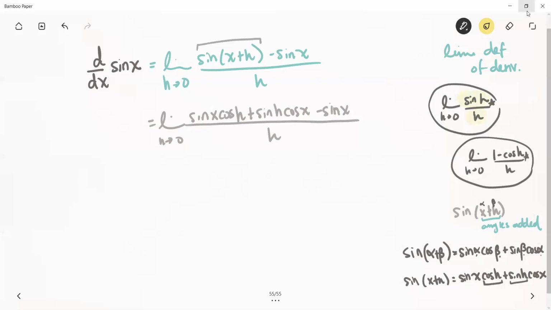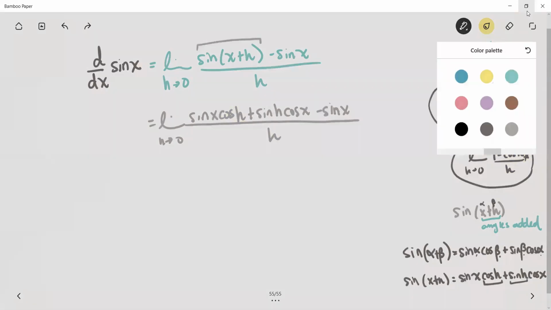Sine of h over h, do you see that right here? There's a cosine attached to it, but it's part of what I want. I also have a 1 minus cosine h over h. I don't see that one quite yet, but here's the cosine of h, and here's the h, right? But I want it to be 1 minus cosine. So I'm looking for that.